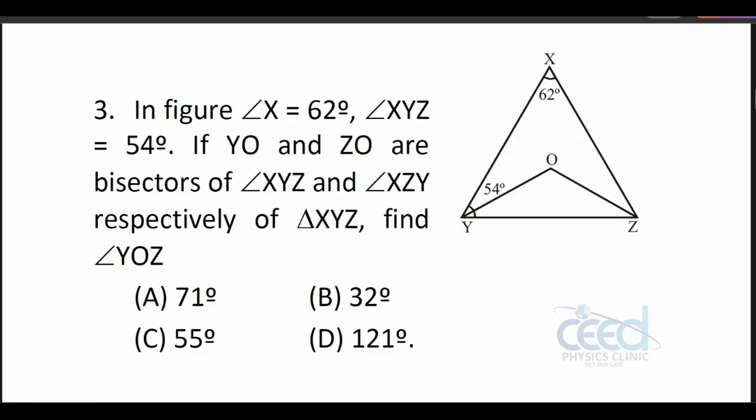Here one question is there, right? In a figure, angle x is equal to 62. This angle they have given 62, and XYZ, that is 54. This is 54, right? And the bisectors of XYZ, this is the bisector, and this is the bisector of YZX, that meet at O. That means total 54, so this angle is what?